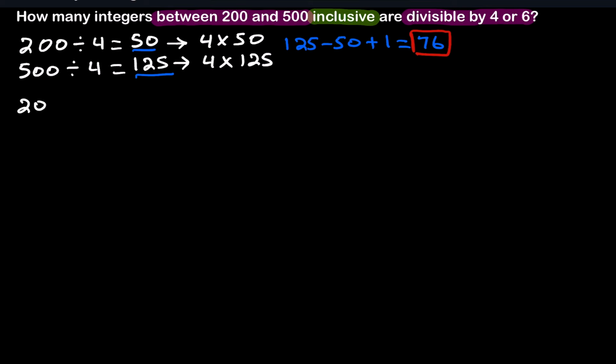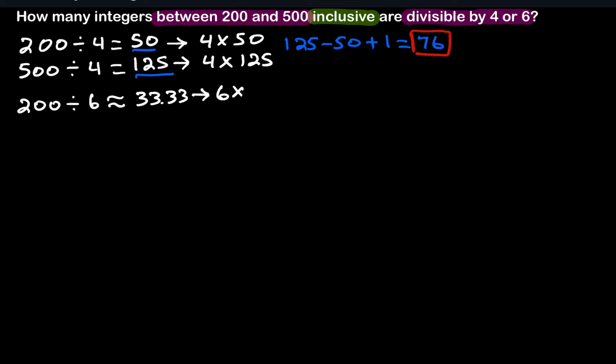Take 200 divided by 6. This is approximately 33.33. The first multiple will be 6 times, but it's not going to be 6 times 33.33. That's not a whole number. It has to be a whole number.